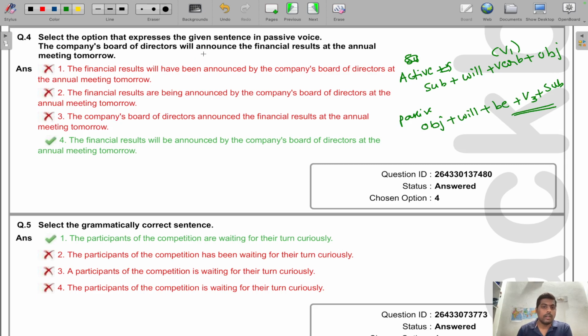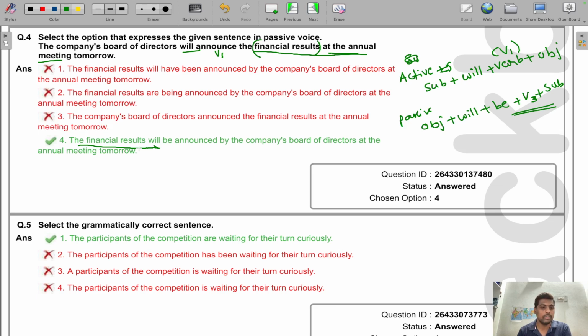Here 'will' is will and 'announce' is in v1, so when it gets converted, the object will come first. So the financial results at the annual meeting will come first, because this will be the phrase, guys.